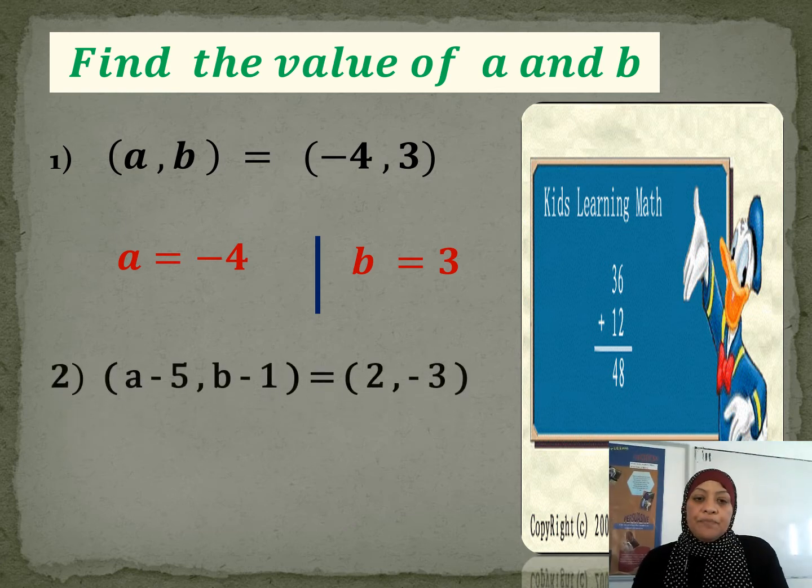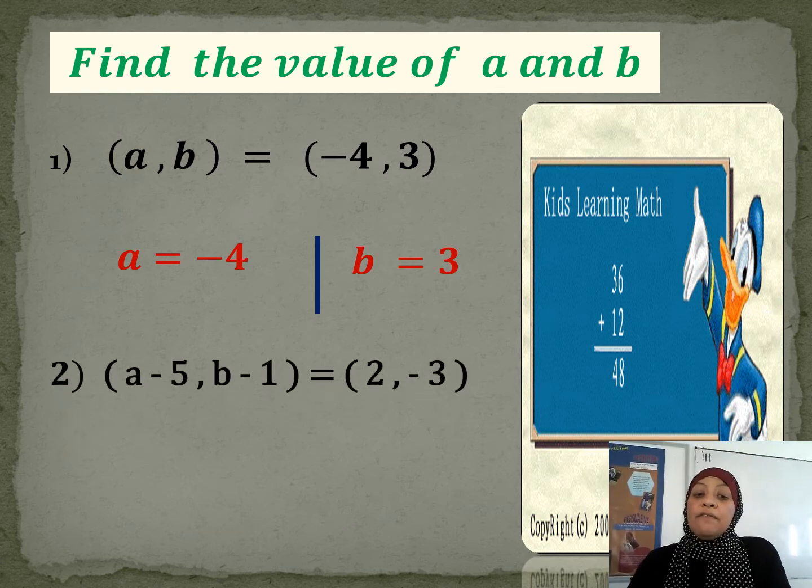Now I have this ordered pair. When we read an ordered pair, please firstly determine your comma. Where is your comma? It's here. Why? Because the job of this comma is to separate the projections of the ordered pair. So here, where is the first projection? a minus 5.